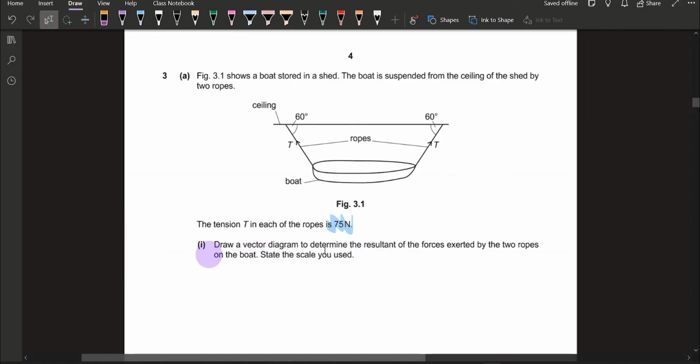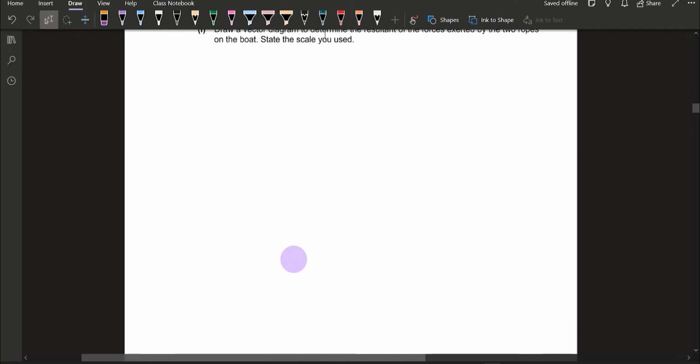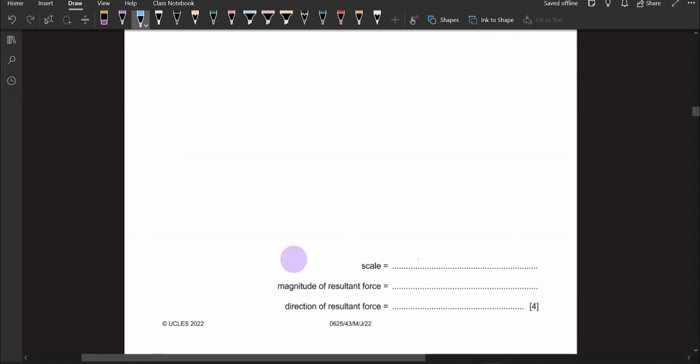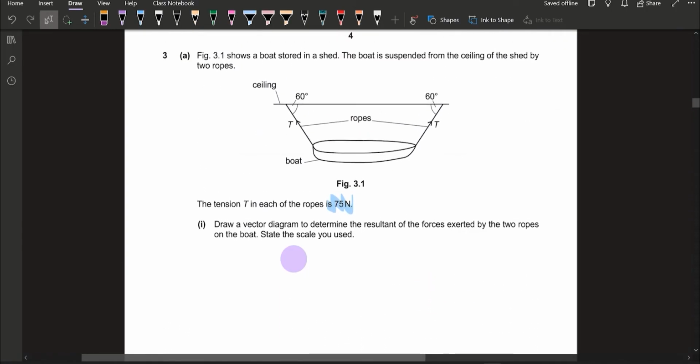And part 1 says draw a vector diagram to determine the resultant force exerted by the 2 ropes on the boat. State the scale you used. So for this question, we're going to use the scale as 10 Newton equals 1 centimeter. And we're going to draw the same diagram, which is here.